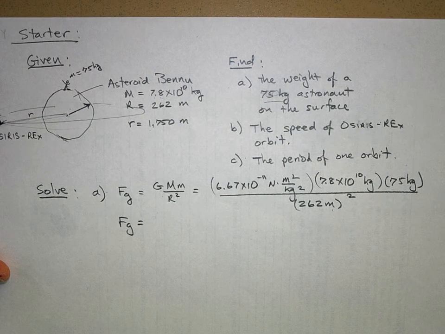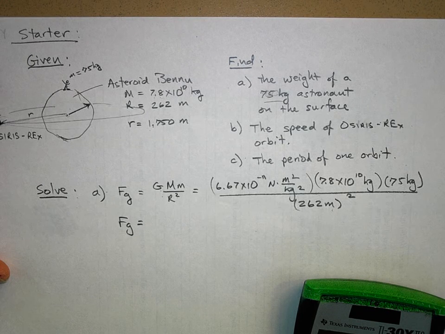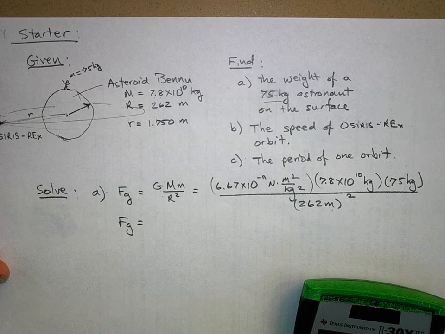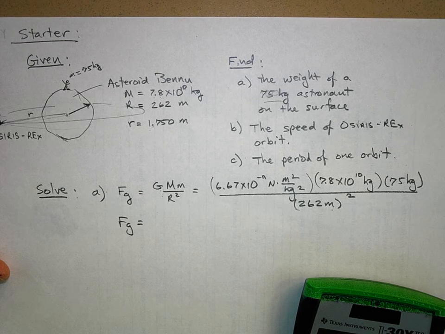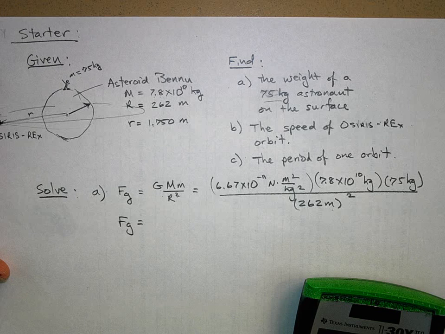So let's get this calculator out, and I got 6.67 times 10 to the negative 11 times 7.8 times 10 to the 10 equals 5.2 exactly. Then we'll multiply that times 75, and I get 390.